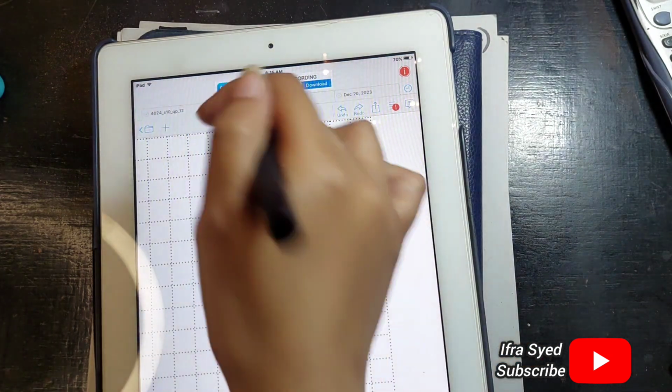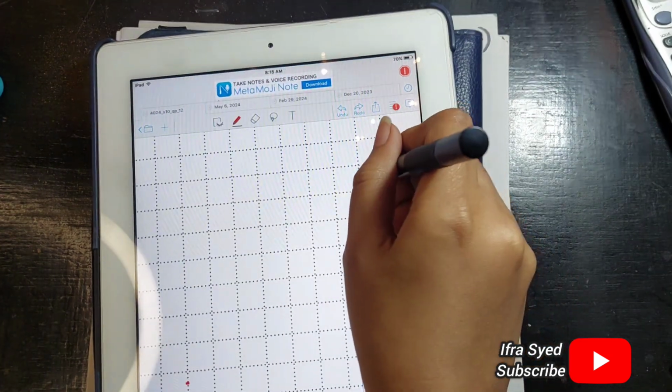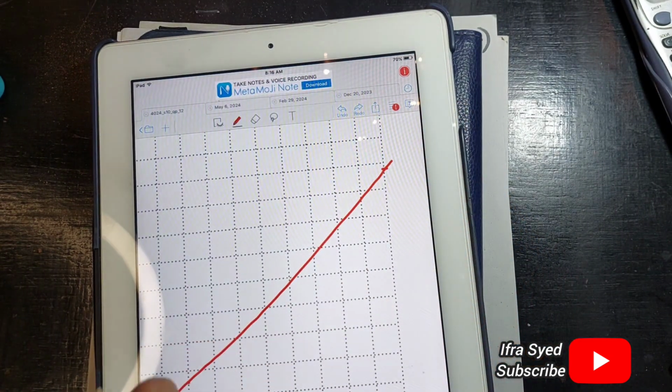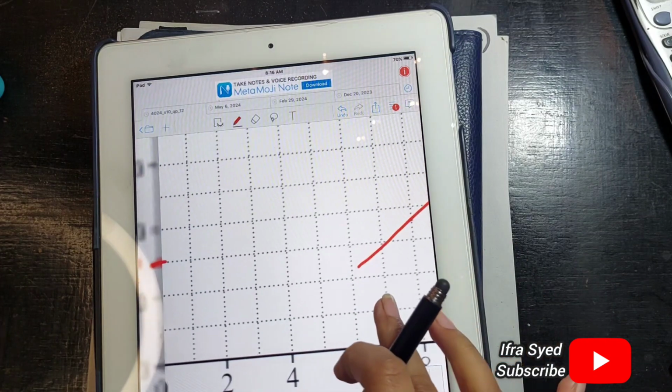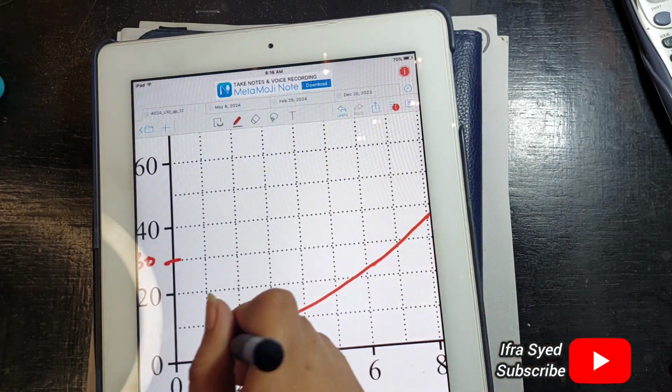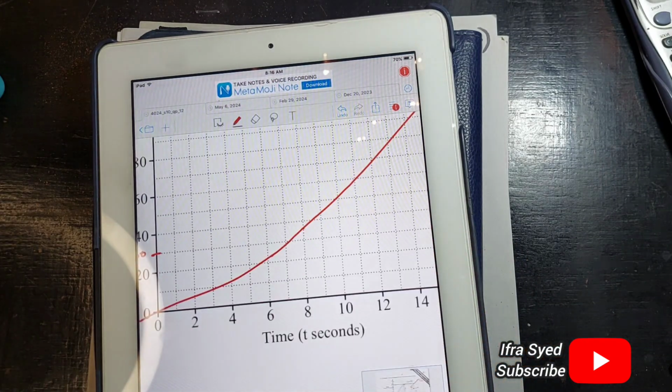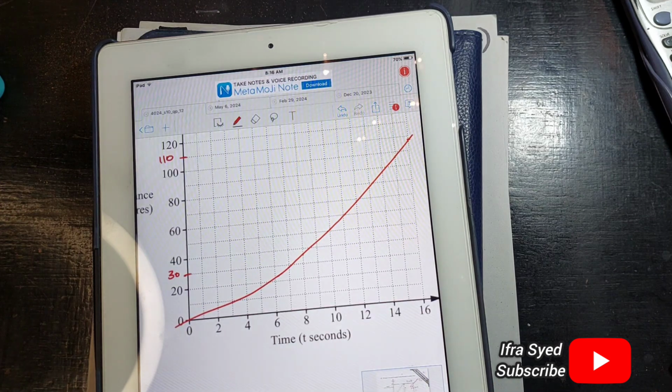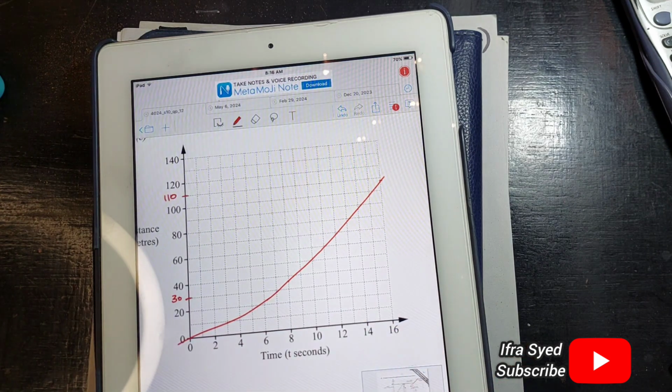Join these 2 points to the origin, and it will be like this. So this is our distance time graph for the first 16 seconds. So our question number 25 is also solved.